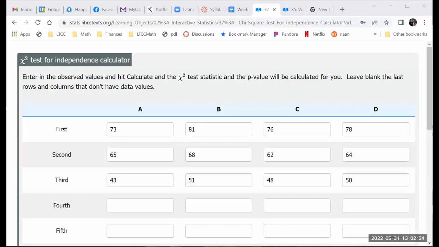So it turns out that that calculation will give you the expected number for each of these table values. And if those expected numbers are very far from the values, chi-squared, the test statistic, is big. And if they're real close to the values, then the test statistic will be small. So I'm just going to let you know that that's what's going on here. Most of the time, you're just going to be popping in the numbers and hitting calculate, but I want to let you know what's going on.